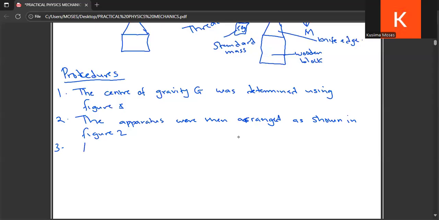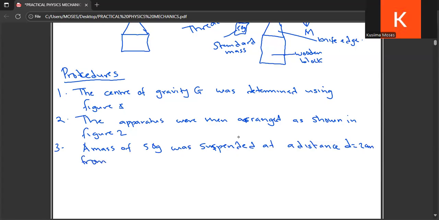Then the mass of 50 grams was suspended at a distance d equal to 2 centimeters from the end of the meter rule.